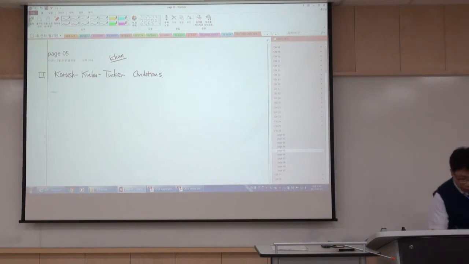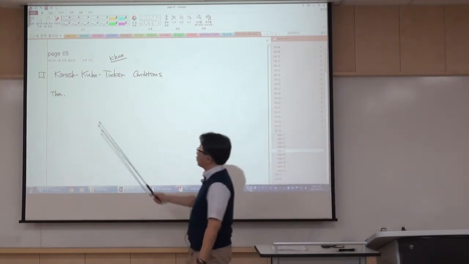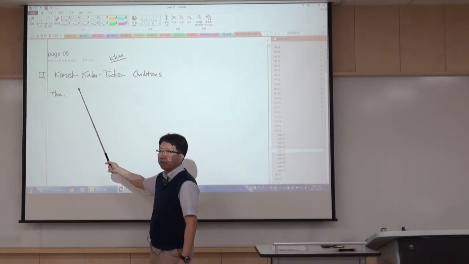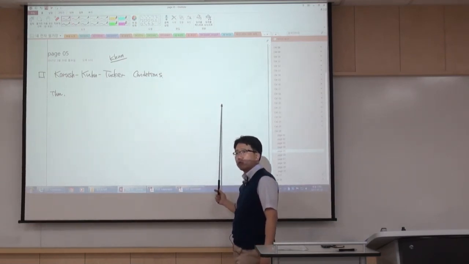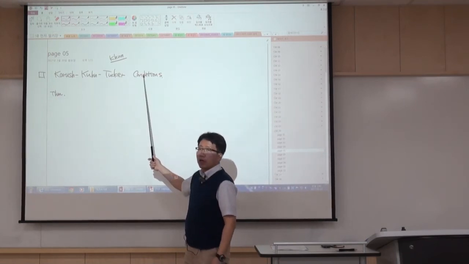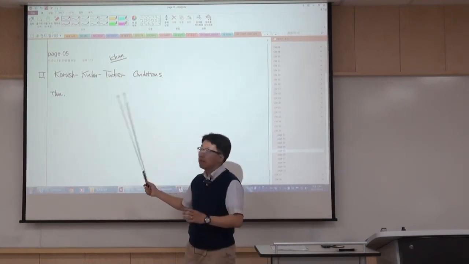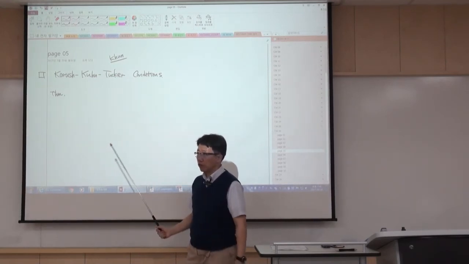It's also a kind of result. So since this is a theorem, it also is in this form. If something is true, then you have a consequence. Interestingly, this Karush-Kuhn-Tucker condition has almost the same if part as the complementary slackness.